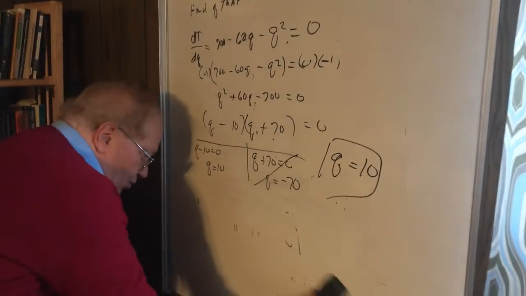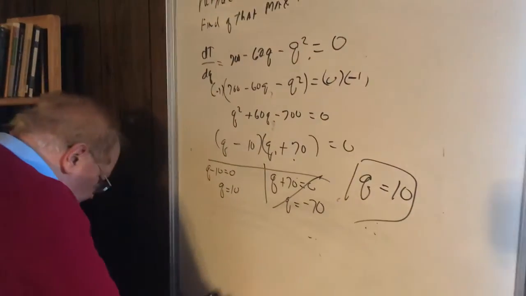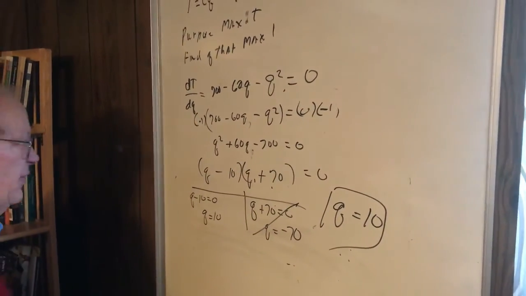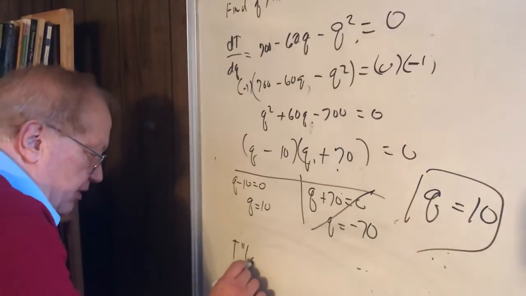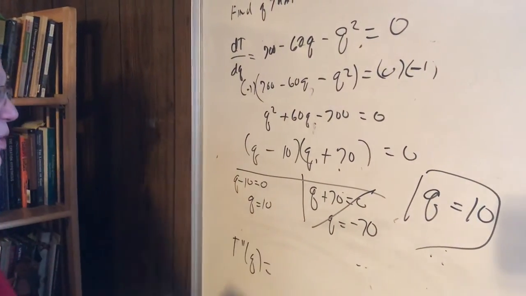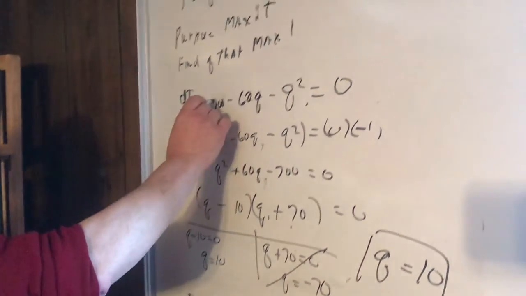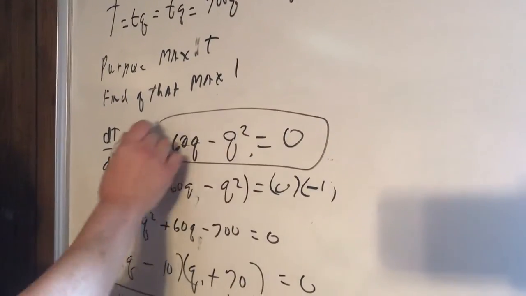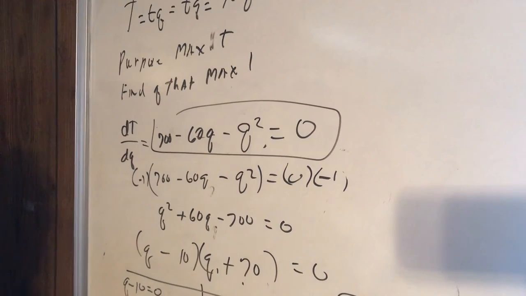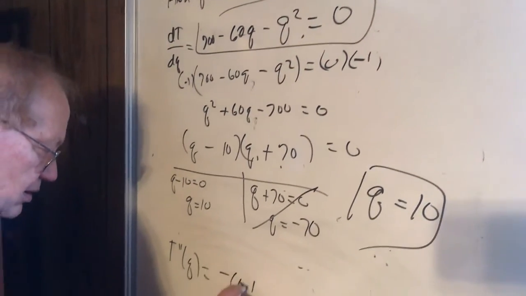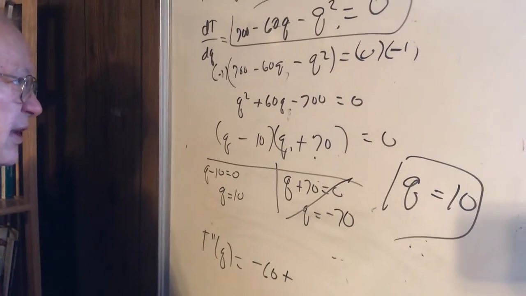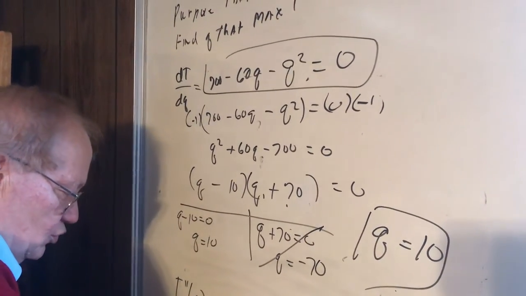How do we find a maximum? Well, we can take the second derivative. So we can take the second derivative of T prime Q. We have to work on the first derivative function. So the second derivative would be minus 60 minus 2Q.